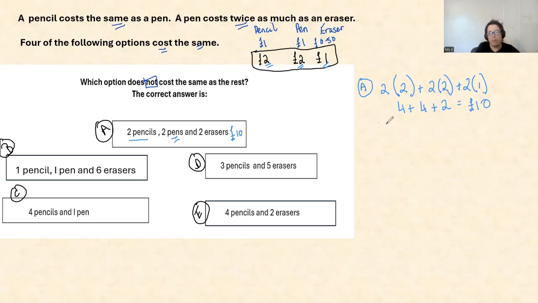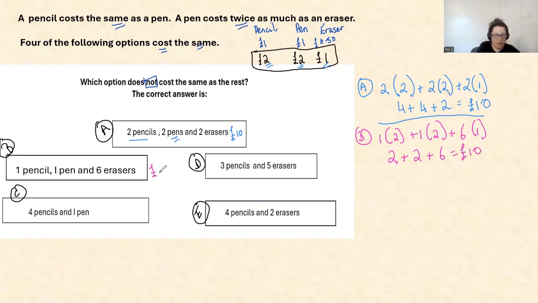Let's have a look at B. We'll do the exact same for B, making sure we put in the same values. One pencil, which is 1 multiplied by 2, plus 1 pen, 1 multiplied by 2, plus this time 6 erasers, so 6 multiplied by 1. Calculating this, 2 plus 2 plus 6, and I get £10.